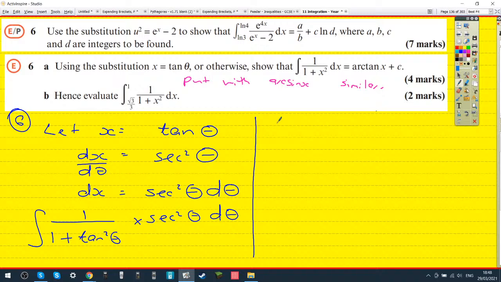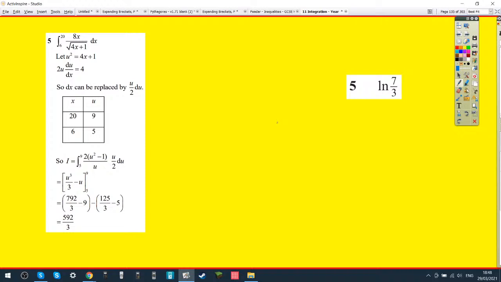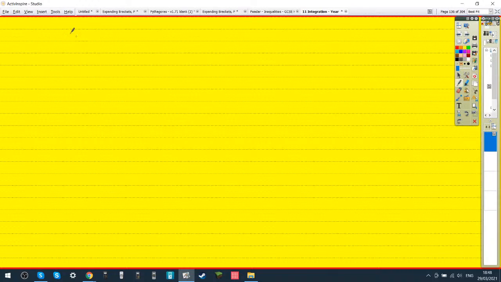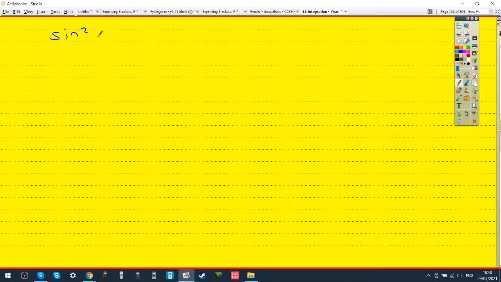Let me see. That's long, man. There's something we should remember. Neither of us do. Sine squared theta plus cos squared theta is identical to 1. See if we can get something to do with tan squared. What would you have to do?